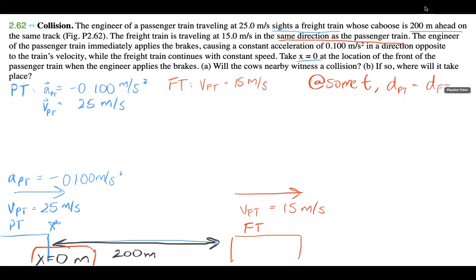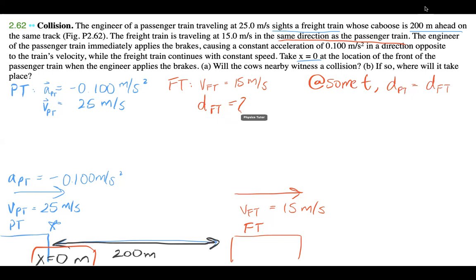That means they're colliding, because obviously two trains can't be at the same location at the same time without a collision. So we can find out what the positions are and equate them to each other.